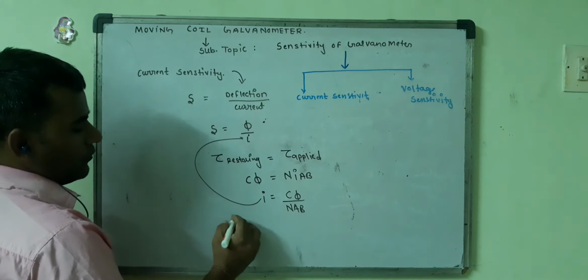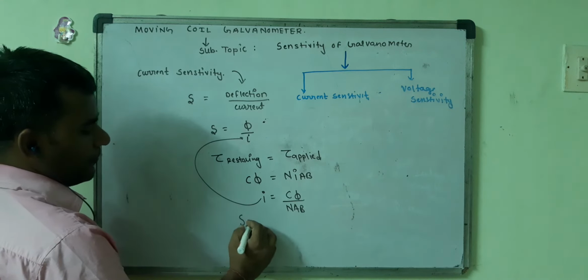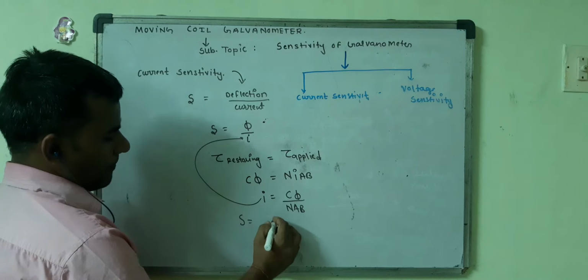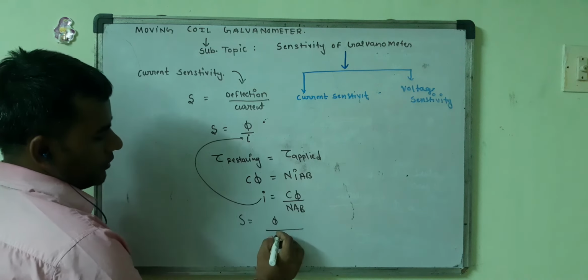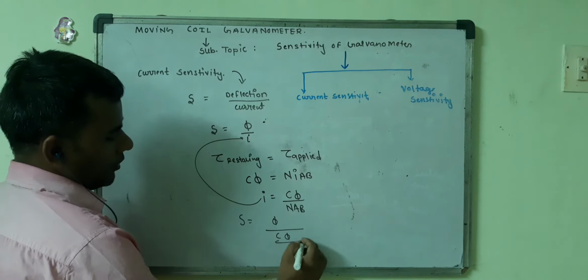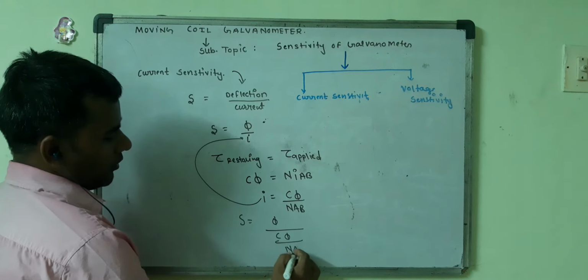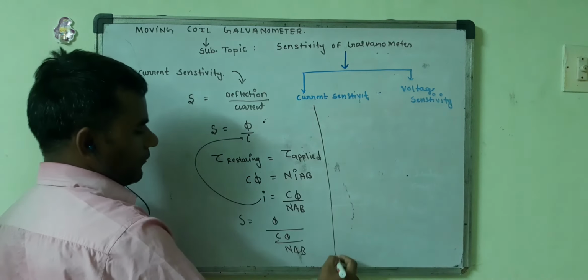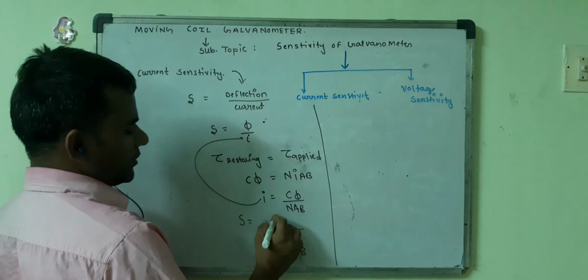So when you put this value, what will we get? S equal to phi divided by I, that is C phi over N A B. When you solve it further, phi cancels out.